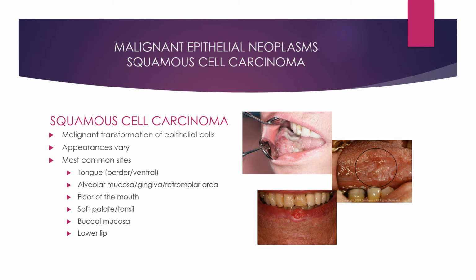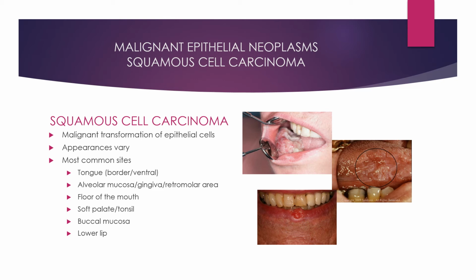Going onward from the progression from dysplasia to carcinoma in situ, if the process continues, the patient may develop squamous cell carcinoma. This is a malignant transformation of epithelial cells. Its appearance varies. The illustrations on the right show you the various ways that squamous cell carcinoma will manifest itself.